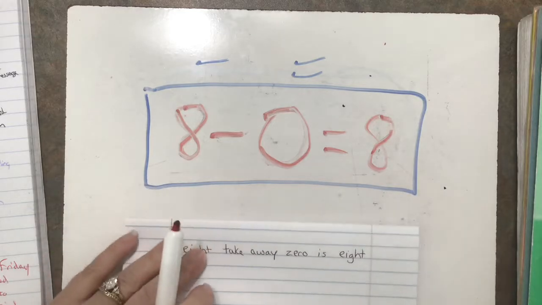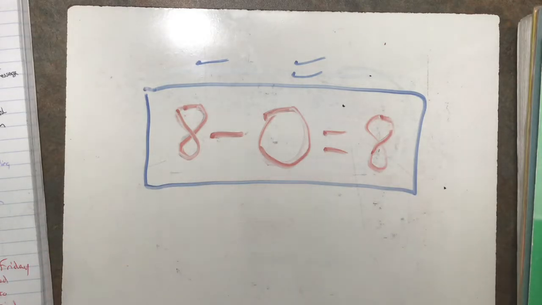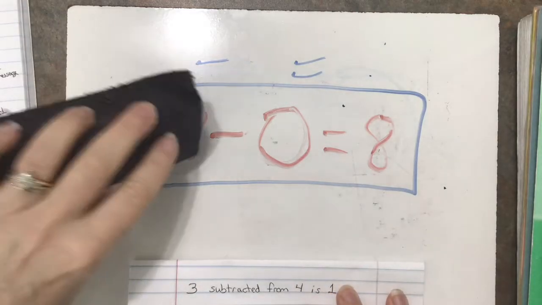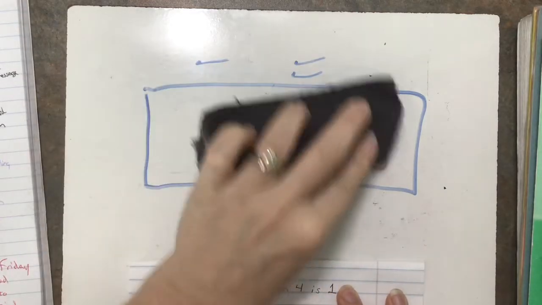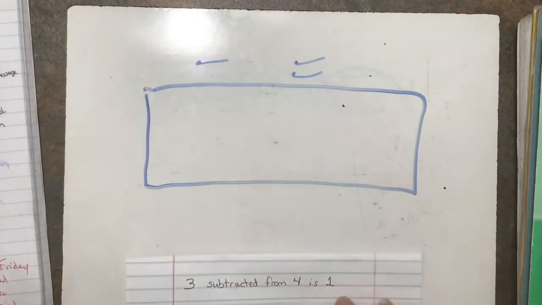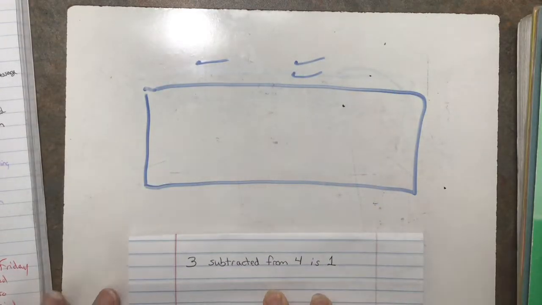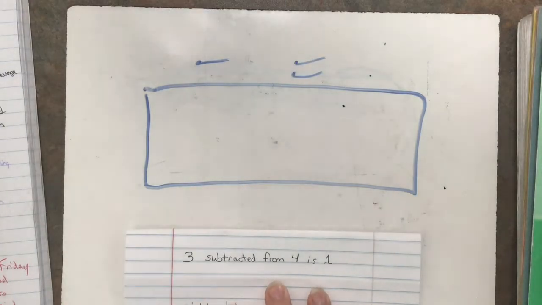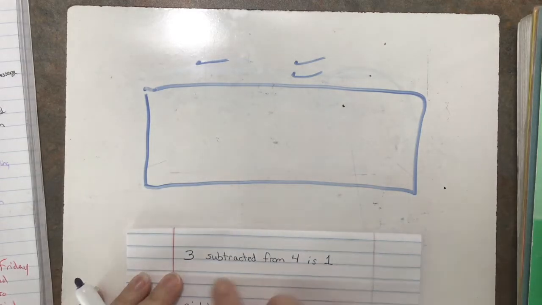Okay, let's look at some of the other problems that they will also be giving you. This is where it gets even harder. This would be probably the hardest problem that they're going to give you on IXL. So let's just take a look at it. If you get one of these, that way you'll know how to work it. Okay, this one says 3 subtracted from 4 is 1. 3 subtracted from 4 is 1.